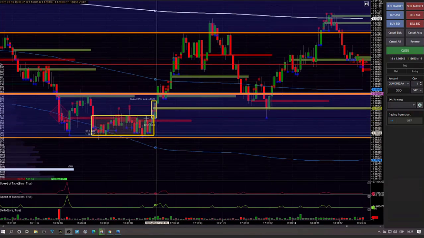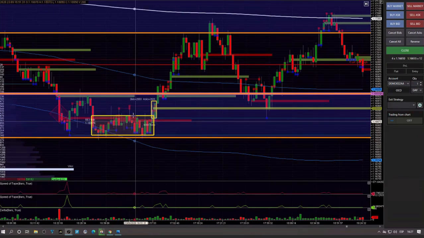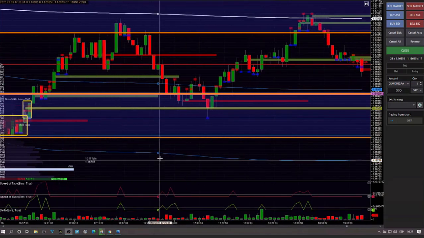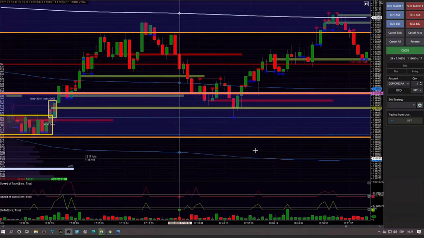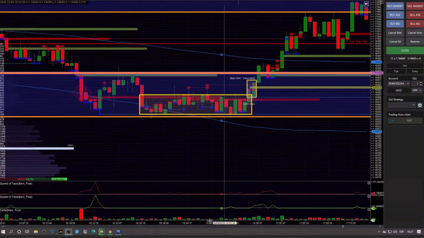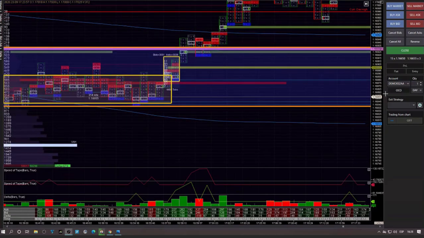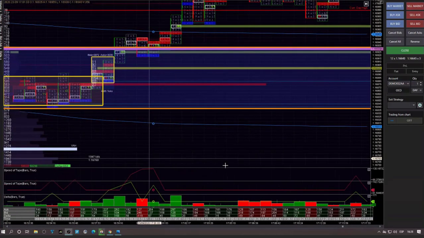Try to spot breakouts like this, and look at the volume on that breakout candle. Let me show you again the structure of that breakout candle, so you can spot that anytime, in any given time.